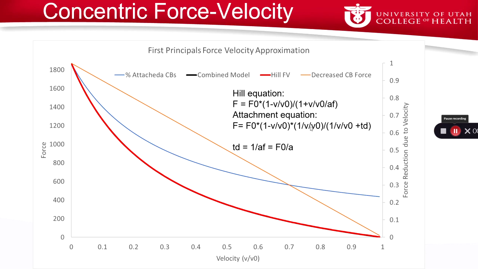They are exactly the same equations approached from two completely different thought processes, and this is a little work that I'm doing right now and should be submitting sometime soon.